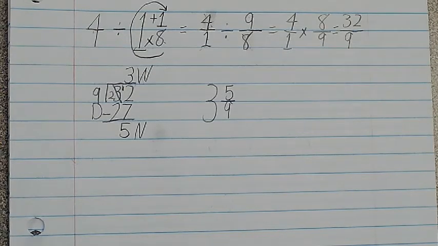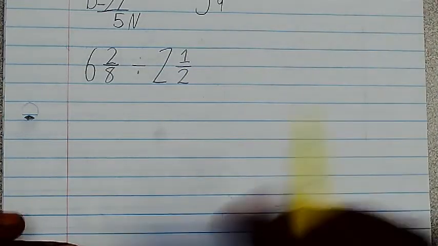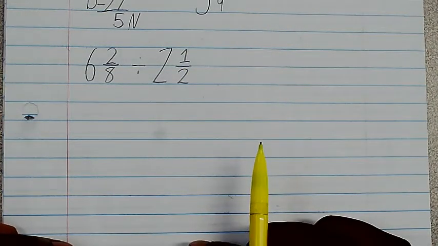We're going to do one more. All right. So here we have 6 and 2/8 divided by 2 and 1/2. All right. So of course we have to change both of these values into improper fractions.